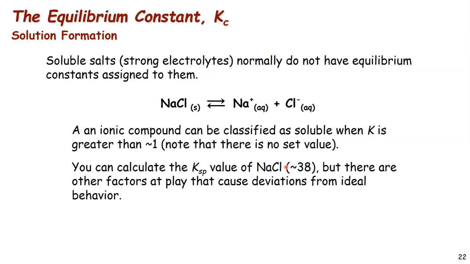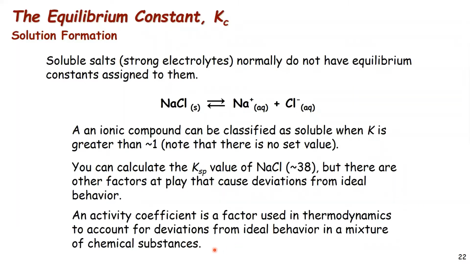So just keep in mind that we can't simply take what mass dissolved in water and say for sure that we're going to have this value, K equals 38, to calculate the concentrations of these. We'll find out that it's much more difficult than that. It's also going to involve something called the activity coefficient, okay?